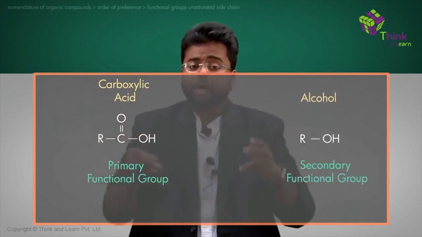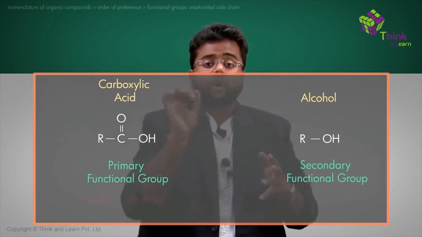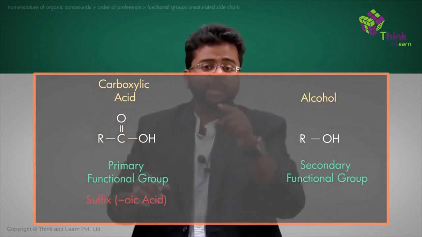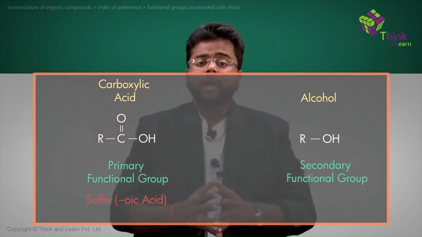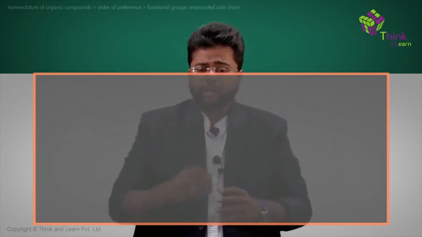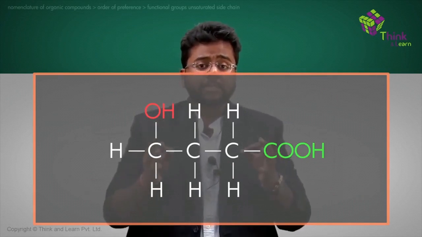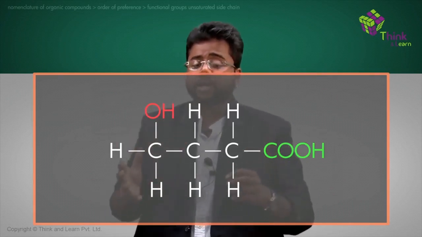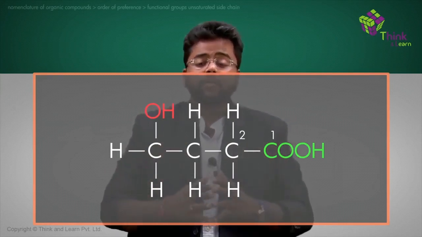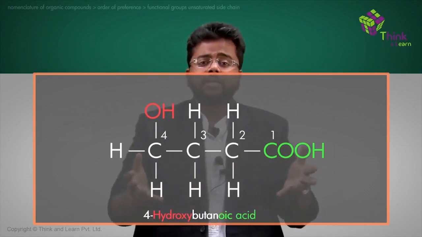So if these two are present in any compound, then the suffix oic acid would be used for carboxylic acid, but a prefix for alcohol would be used as hydroxy. So let's try to name a few compounds. If I have a compound such as this, what should be the name? Over here, as we discussed, carboxylic acid will have a higher priority as compared to alcohol. So the name becomes 4-hydroxy butanoic acid.